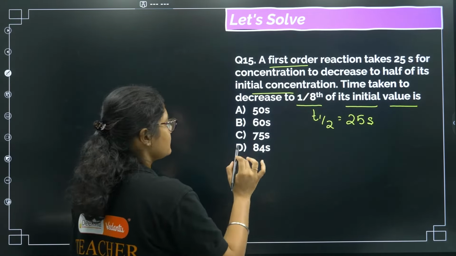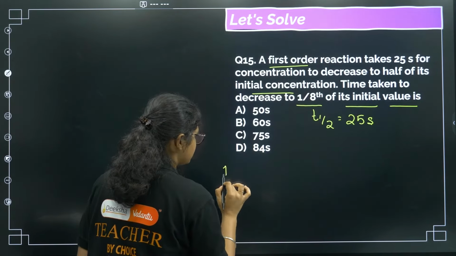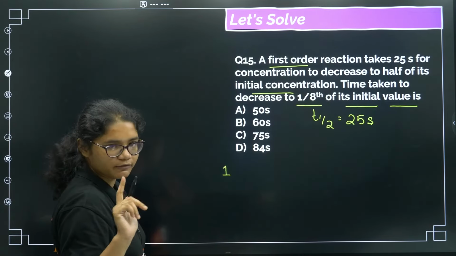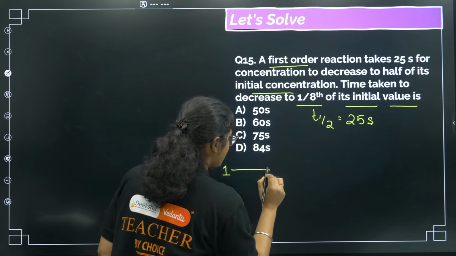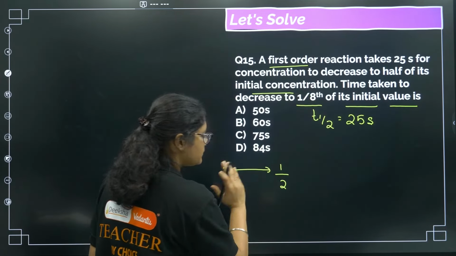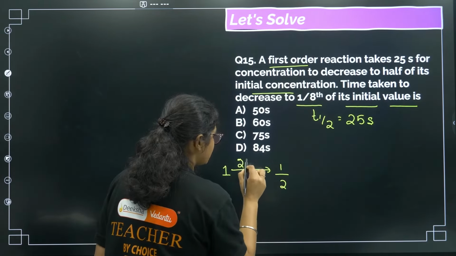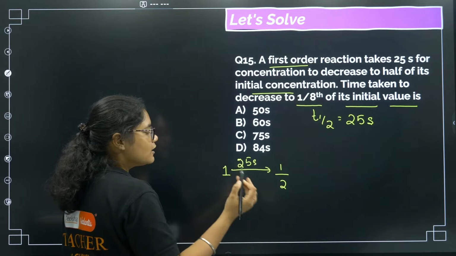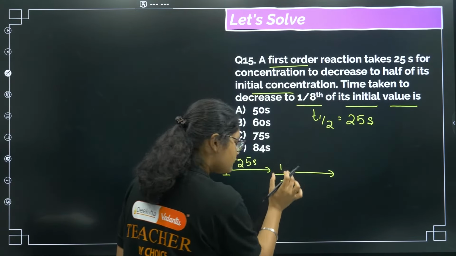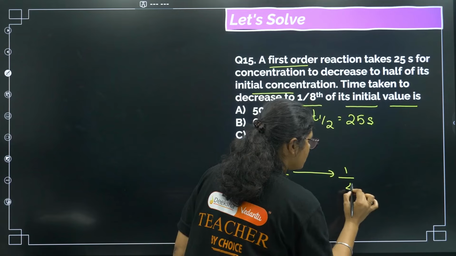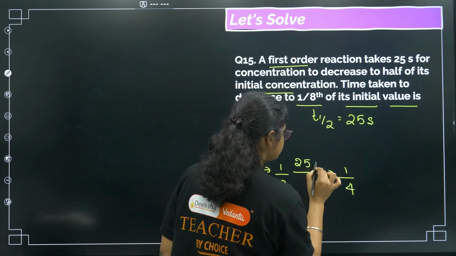Suppose initially you started with 1 mole. So from 1 to 1/2, to become its half, it took 25 seconds. Now from 1/2 to become half of 1/2, that is 1/4, it will again take 25 seconds.